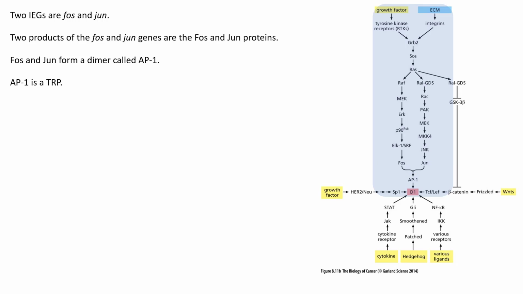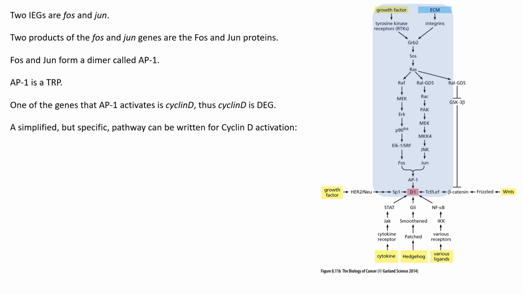AP1 is a TRP. One of the genes that AP1 activates is cyclin D. Cyclin D is a delayed early gene. And there's cyclin D1. A simplified but specific pathway can be written for the cyclin D activation. ERK1 or 2 activates AP1, AP1 activates cyclin D.